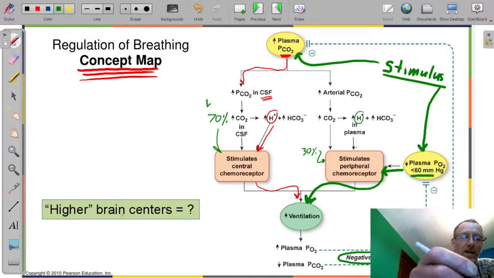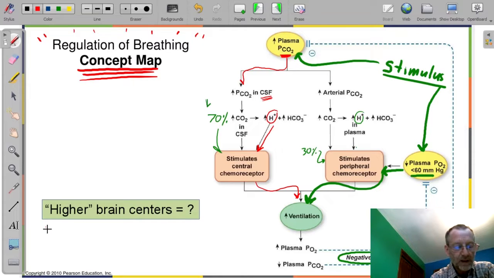Oh, and I put a note here. What about higher brain centers? So we're talking about regulation of breathing. We've talked about central chemoreceptors, peripheral chemoreceptors. What else regulates breathing? Well, higher brain centers, such as we talked about before, maybe fear, anxiety.